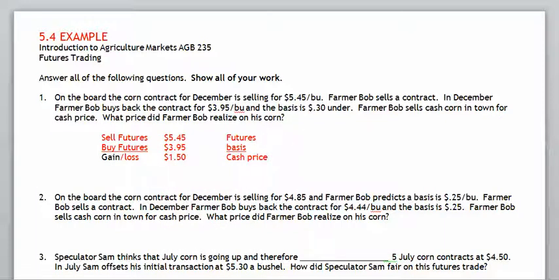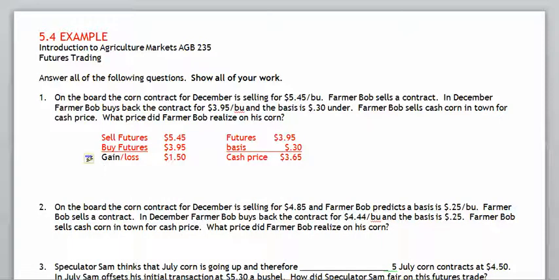Futures price when we sold cash corn, futures price $3.95. We bought it back at $3.95. So cash price was $3.65.